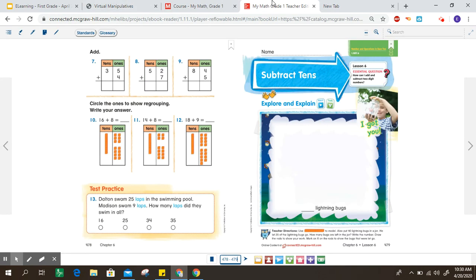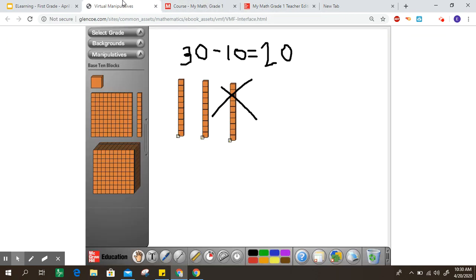Okie dokie. So jumping back to our math workbook, this is our page that we're going to start with, page 479. It says, use manipulatives to model. If you're thinking, I don't have any, you can draw it here or use the manipulative website.